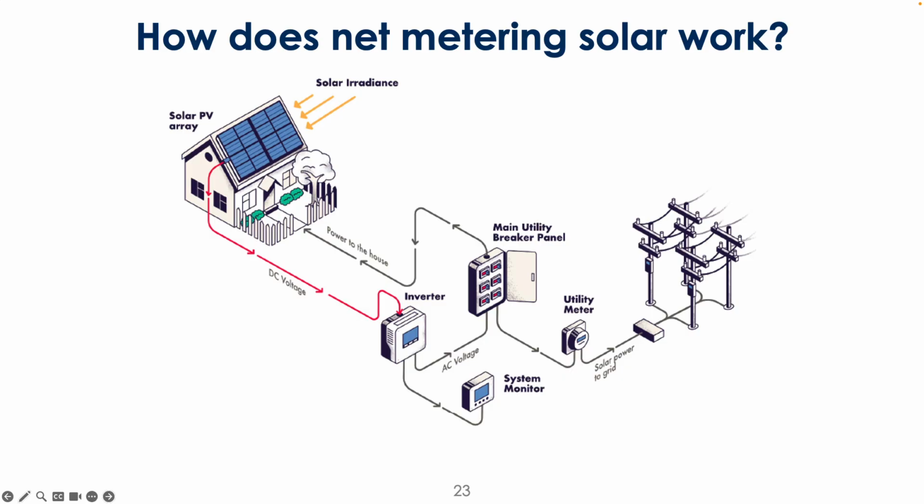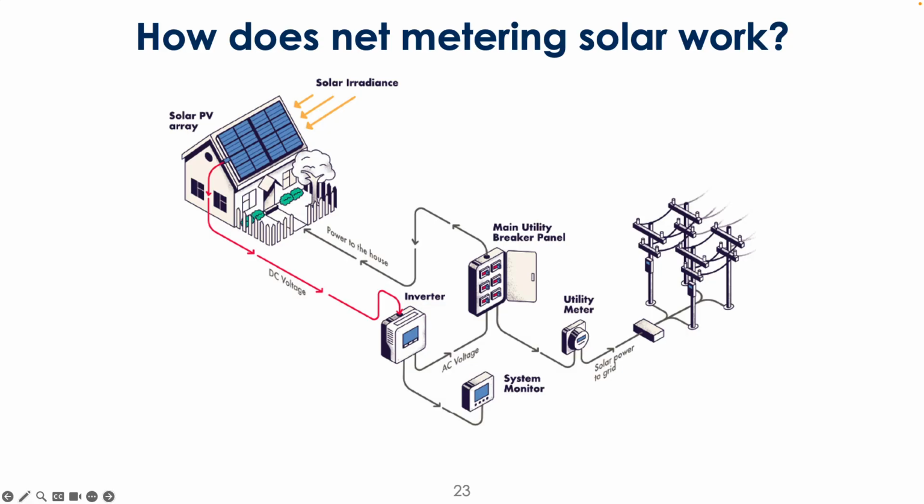So if we think about this setup here as the physical representation of the circuitry, what ends up happening is your solar power comes in, and it generates electricity in DC, which has to go through an inverter. And why is that? Why do we have to go through an inverter? The grid's an AC. Yeah, the grid is an AC, right?